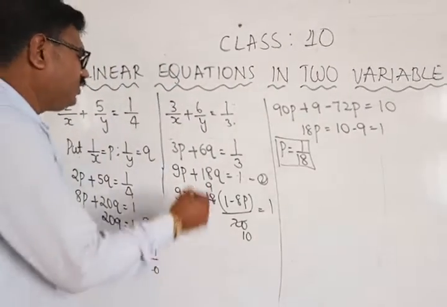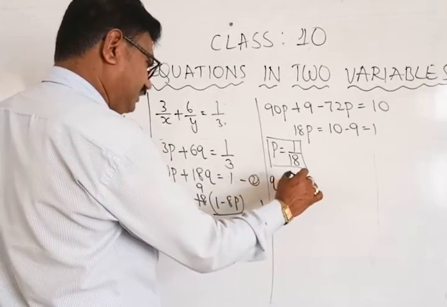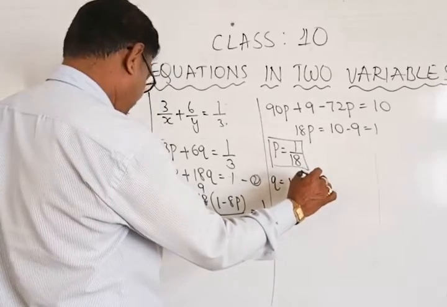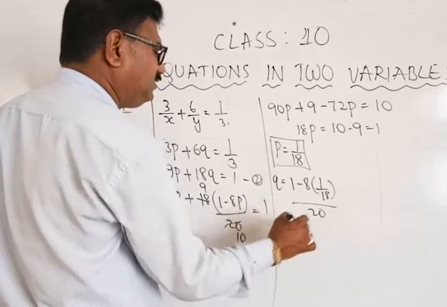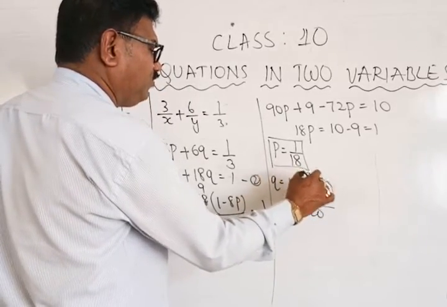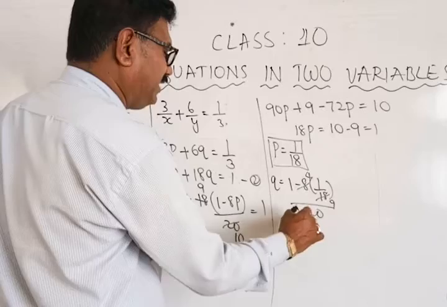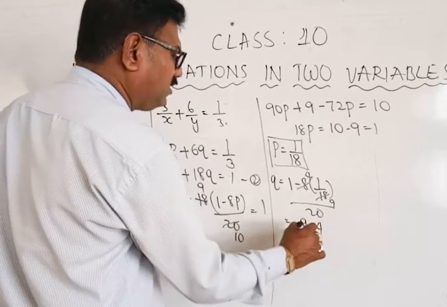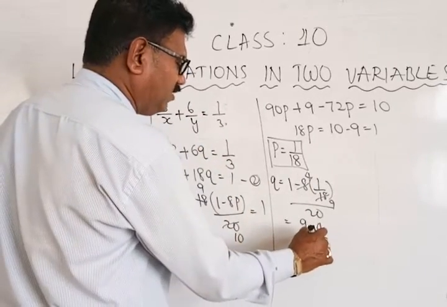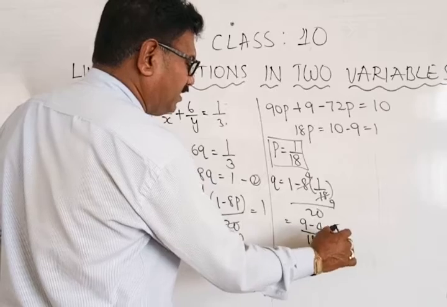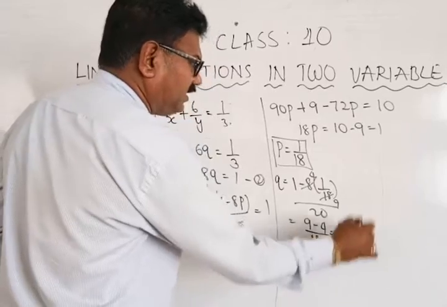Now q equal to 1 minus 8 into p, which is 1 by 18, divided by 20, equals 9 minus 4 divided by 180, equal to 5 by 180, which is 1 by 36.